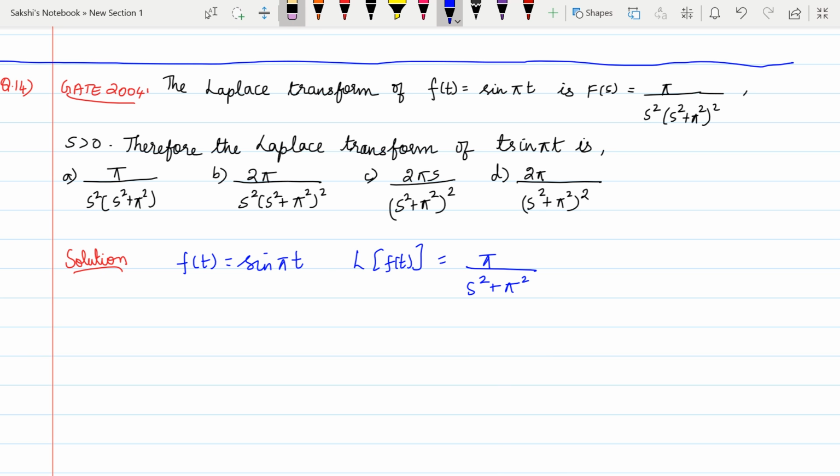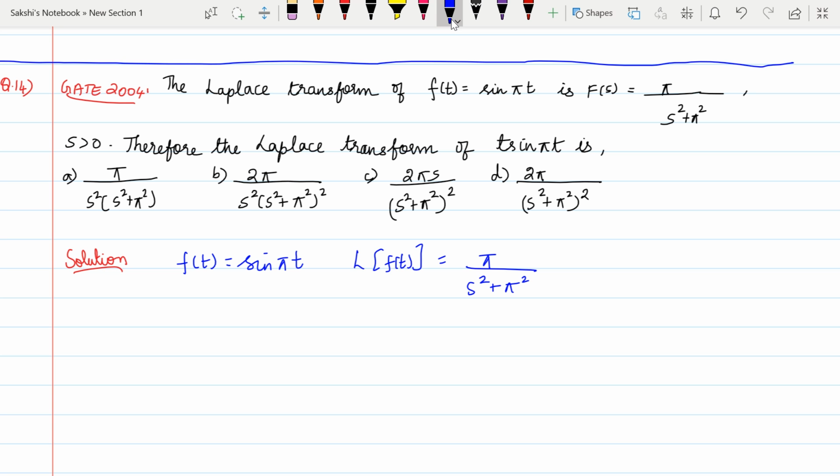I'm sorry, I've written it wrong here. It's pi divided by s square plus pi square. Okay, so you can check this question again. So it's F of s is equal to pi divided by s square plus pi square. Now this is the Laplace transform for this question.